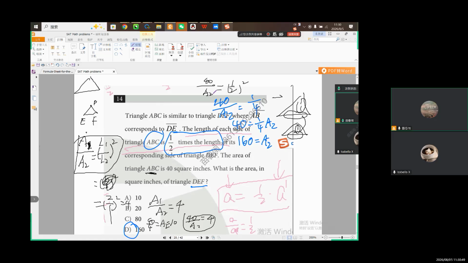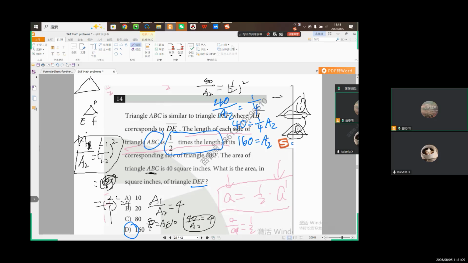Yes, 160, that'll be the right answer. Use what you said, smaller and larger, to check. You are the larger one, so you are supposed to be the big one. Okay, does that make sense?